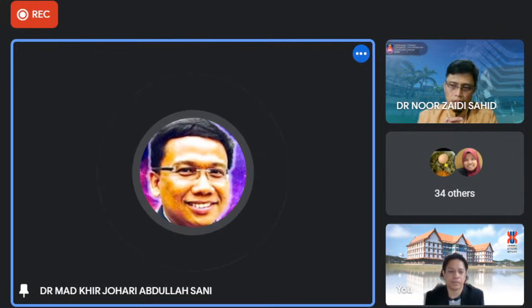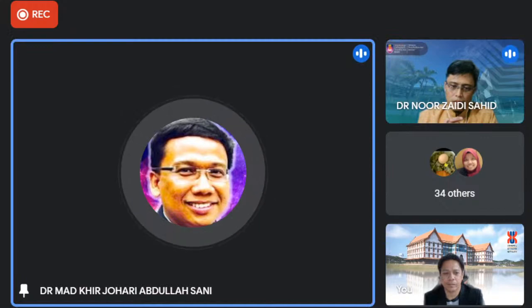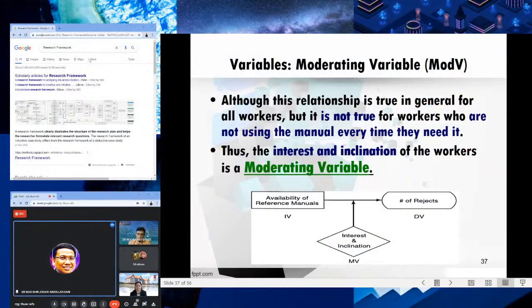Please read carefully and identify clearly where you want to locate a variable, because a moderating variable cannot be established and put directly just like that. We have to look at previous research and previous findings, whether they are conflicting with each other or not. You understand what I mean?